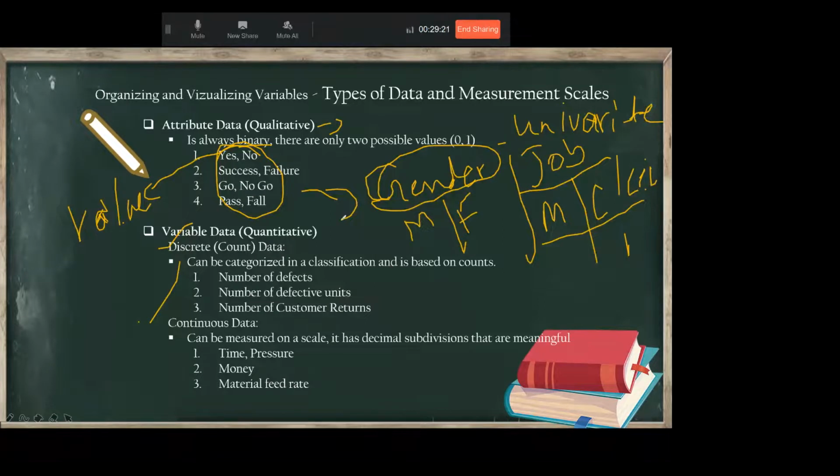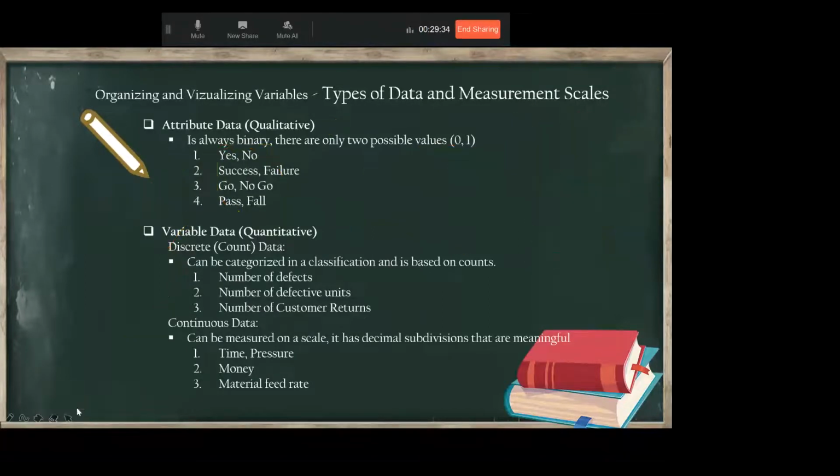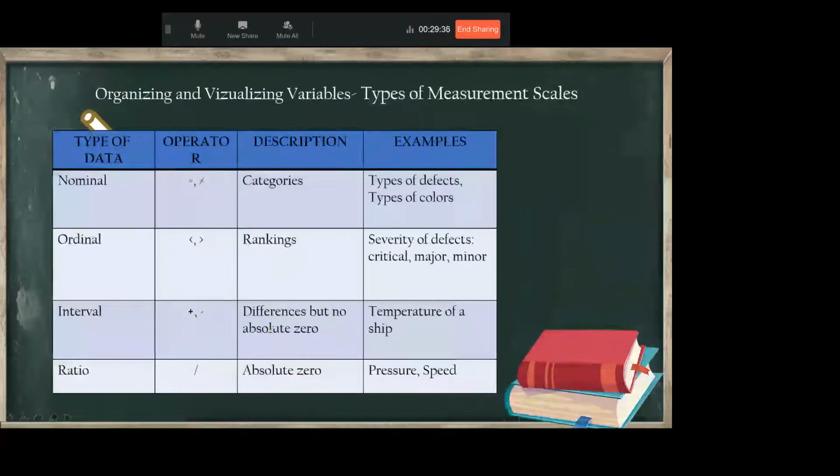Right. So we discussed nominal, ordinal, interval, and ratio scales.